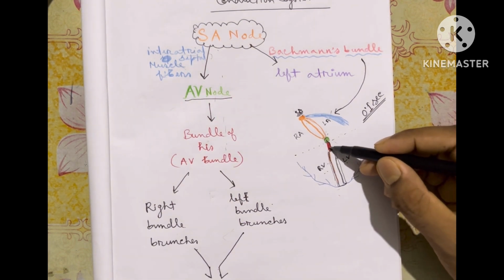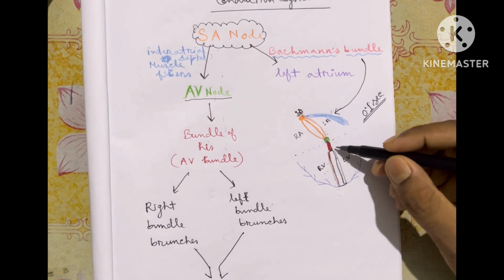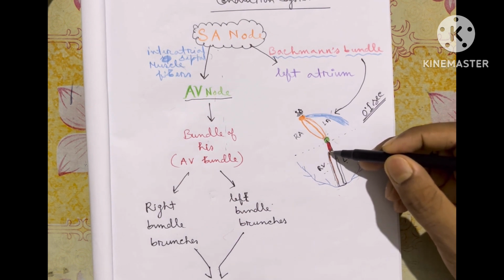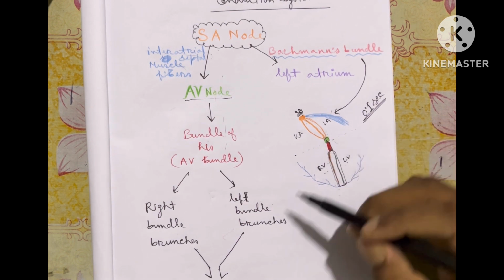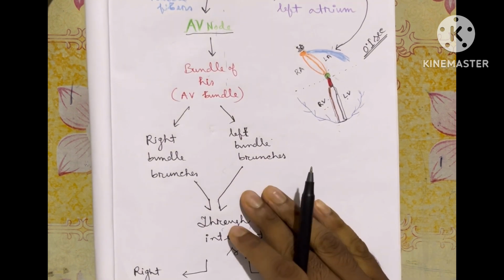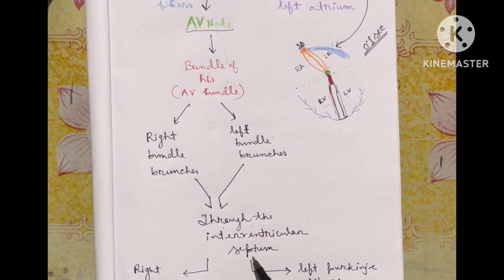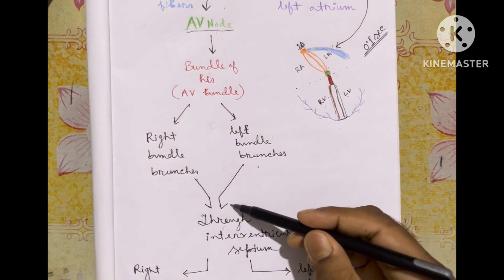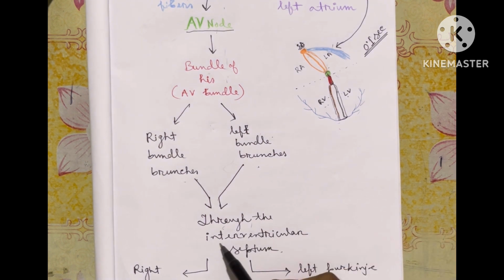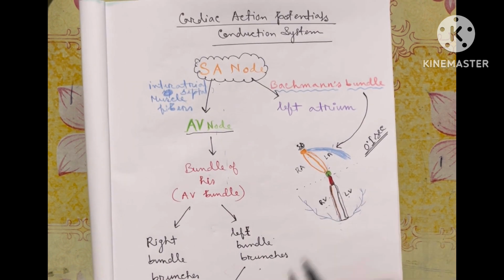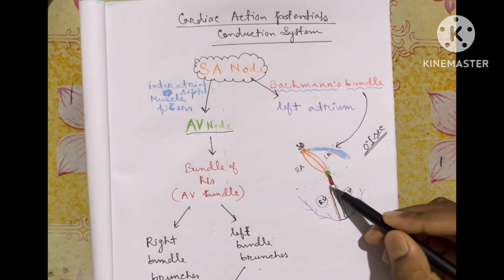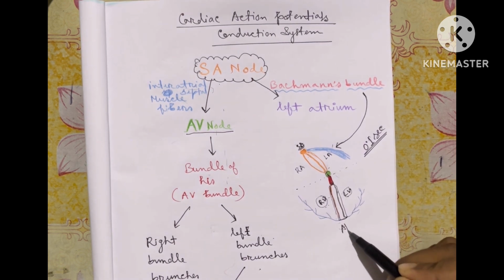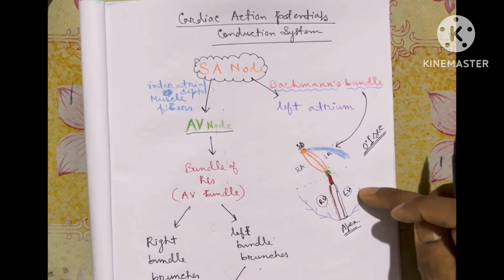When the bundle of His delivers the signals it received from our AV node, it sends them to the right and left bundle branches, and they run through the interventricular septum. This is our right ventricle, this is our left ventricle, so they run across the interventricular septum. This is the apex of our heart, the apex side.